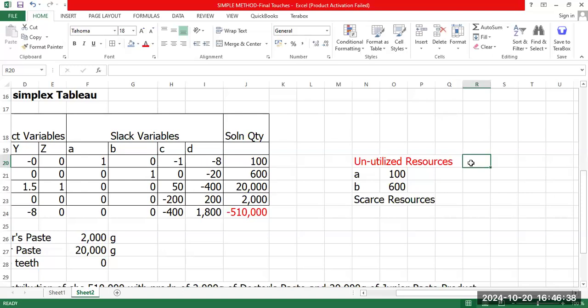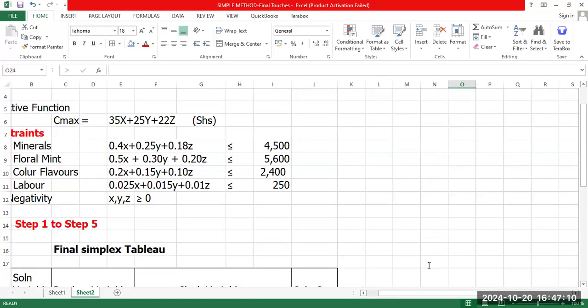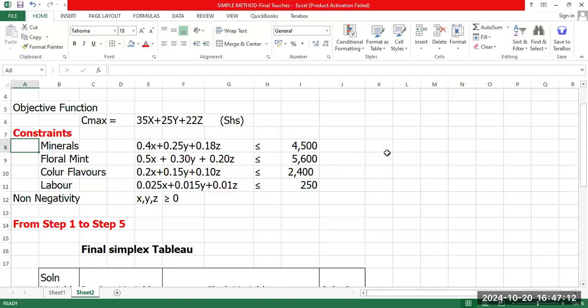Not scarce, because you have not even fully utilized them. So your scarce resources are based on your slack variables, C and D. Then ask yourself, what is C? What is D? Remember, this is A, this is B, this is C, this is D.